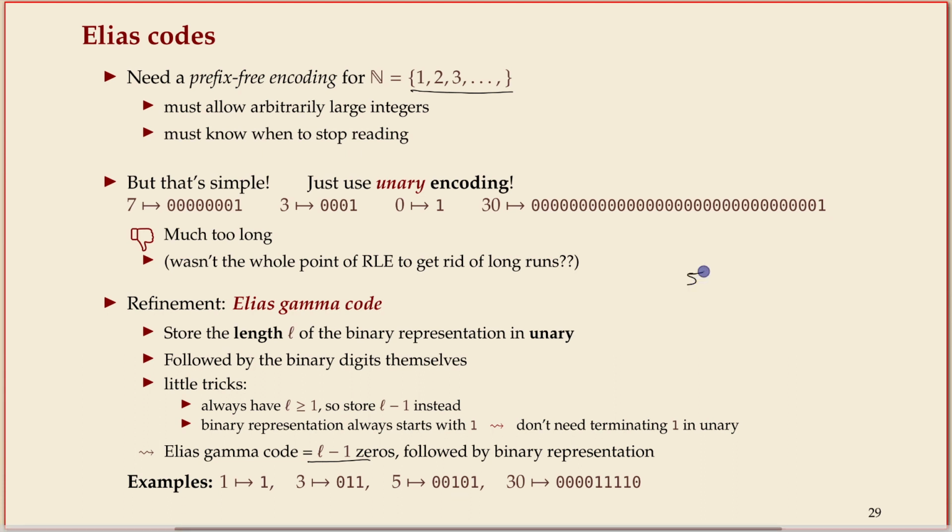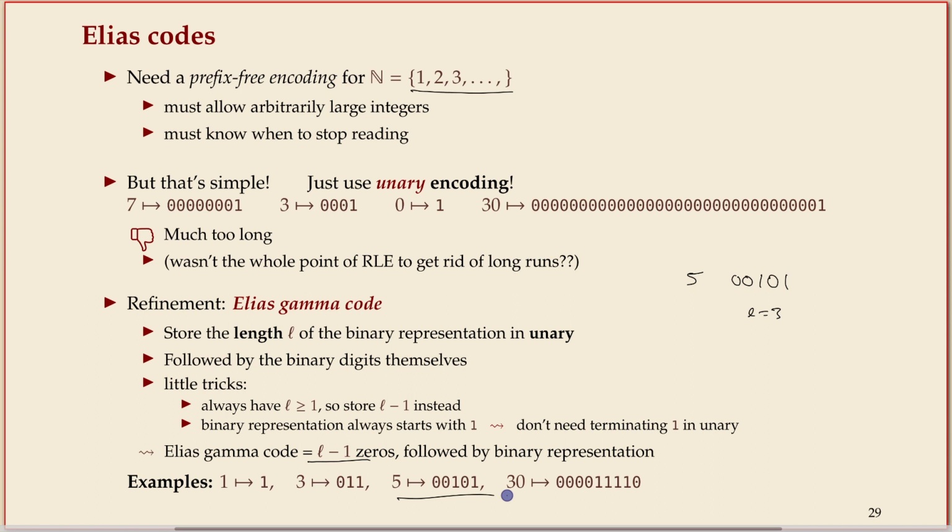What's 5 in binary? Well, it's 101 because it's 4 and 1, okay? Everyone awake? The length of that is 3, so L is 3. L minus 1 is 2, so I'll just stick 2 zeros in front, and that's the gamma code.